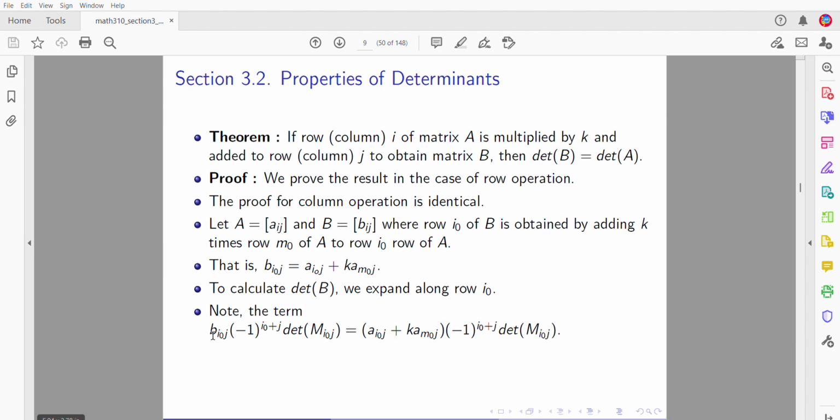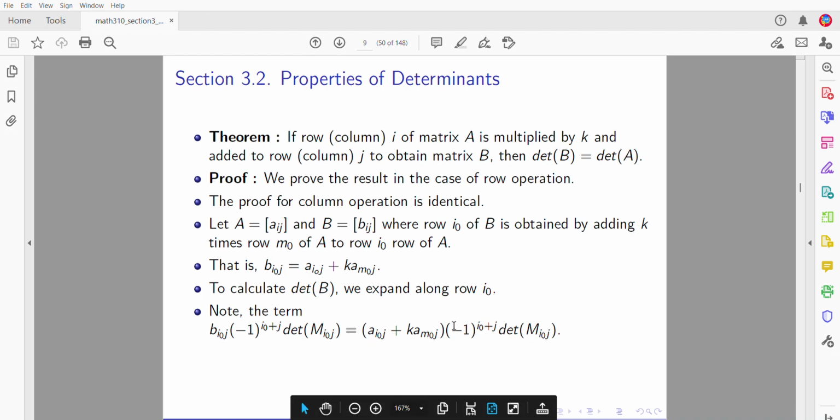So consider one particular term, I naught j, minus 1 to the power I naught plus j, determinant. So this is the I naught j cofactor of B. Well, B I naught j is this quantity. All I have done is rewritten B I naught j.